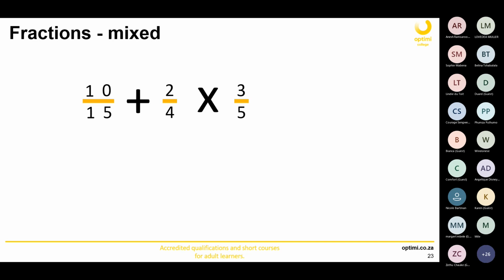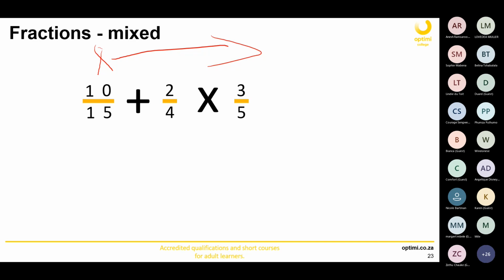What is the wrong way? The wrong way is starting there and moving that way. We read from left to right. We cannot calculate from left to right.